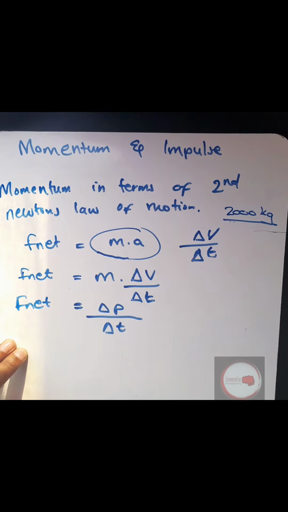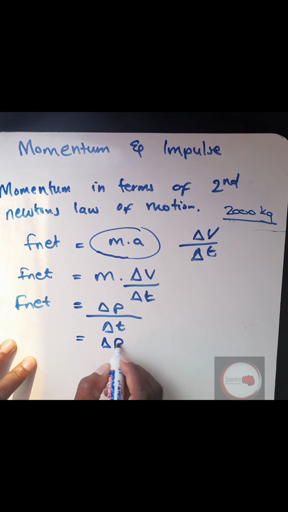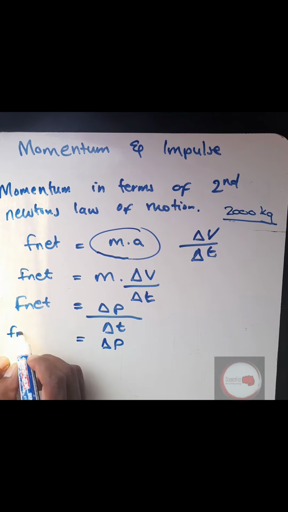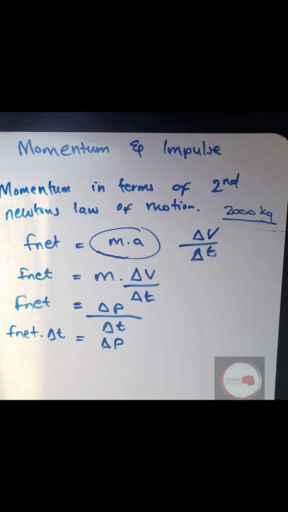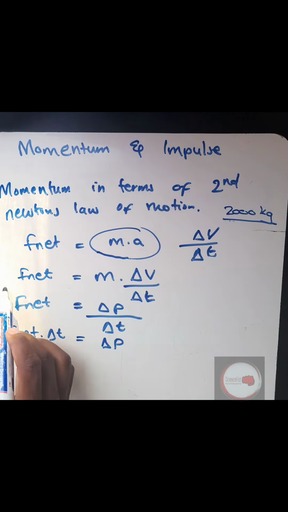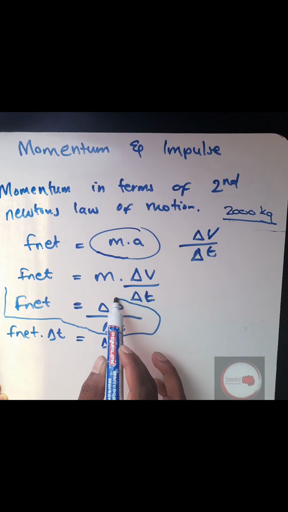Okay, then now we can write it in terms of delta p over delta t equals F net. This is also Newton's second law of motion.